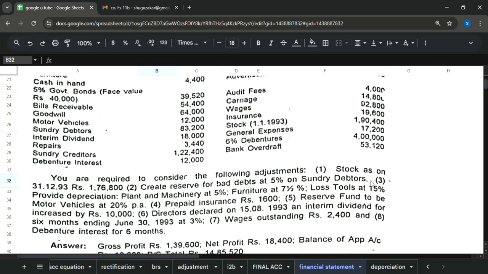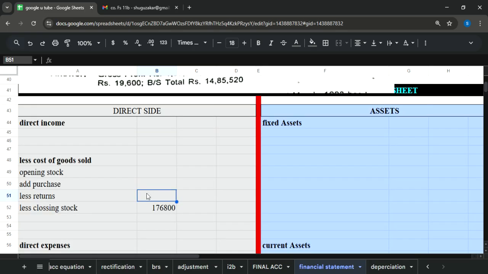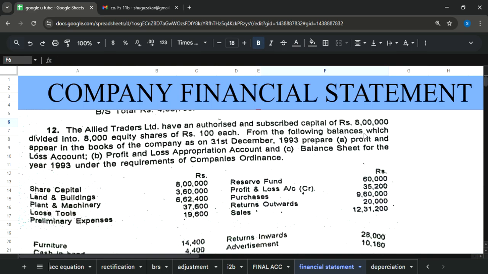Now we will see our third adjustment, and it is saying provide depreciation to plant. Let's go to fixed asset, and here plant and machine would be recorded. Let's see how much amount of plant. This is 6,62,400.